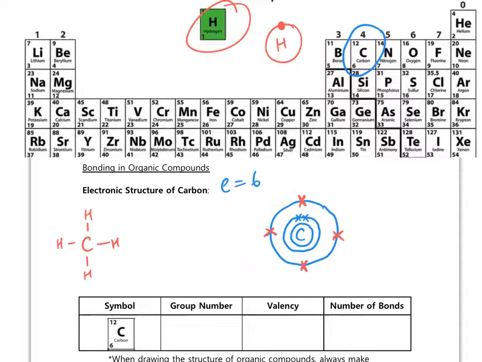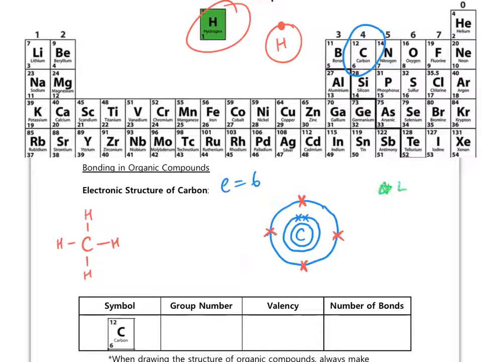So you don't need to draw in any of your hydrogens there as such. What we want there is simply just what we have here, the electronic structure of carbon. So if you have drawn in that example of methane, it might be worth just drawing that simplified electronic structure of carbon. That's all we want in this gap. So essentially what we want to write is that there's 4 single electrons that are available for bonding.